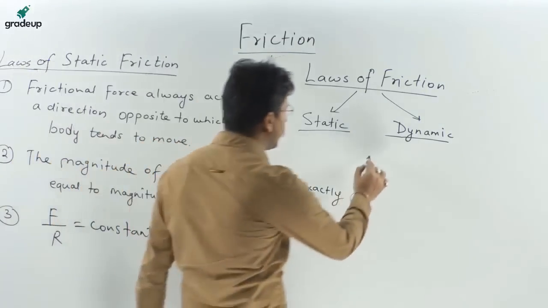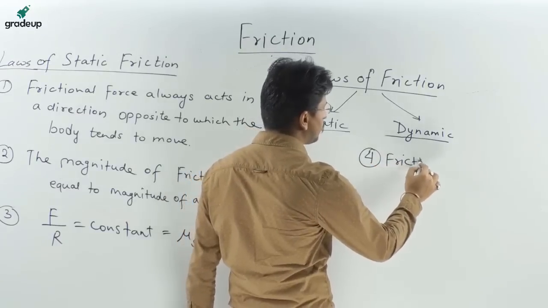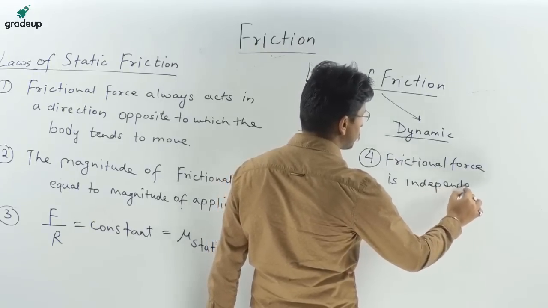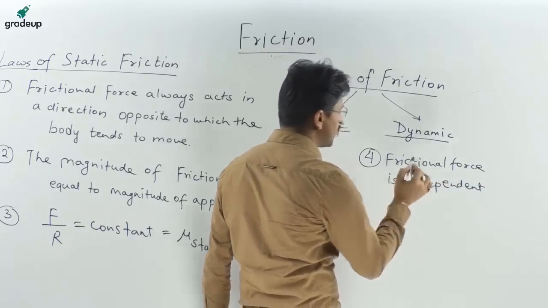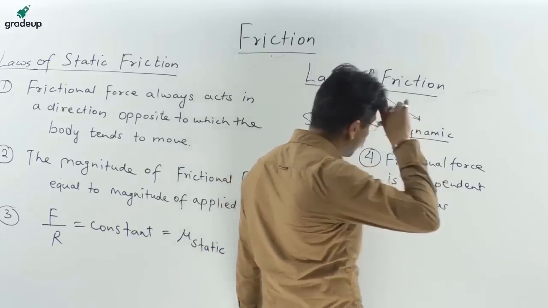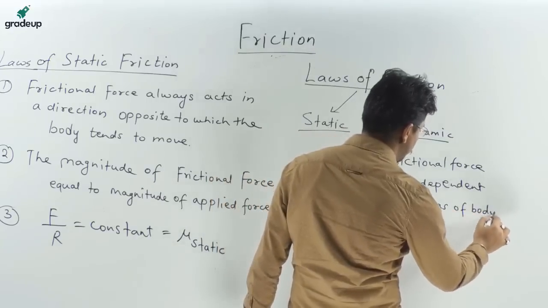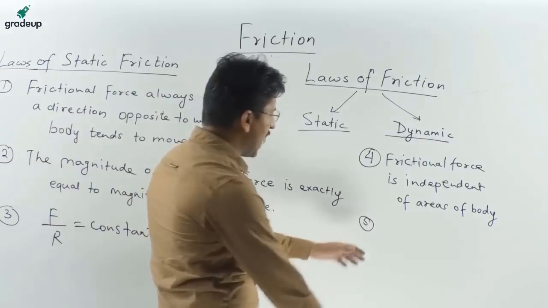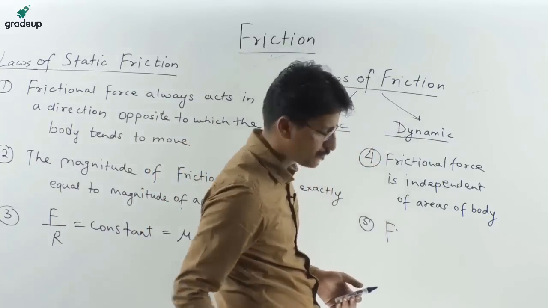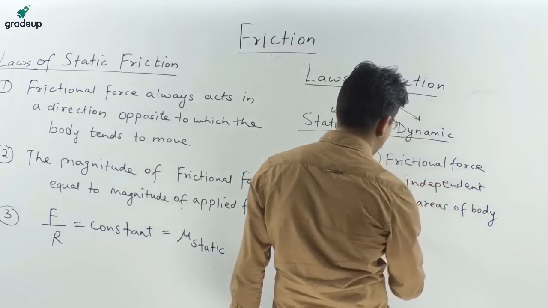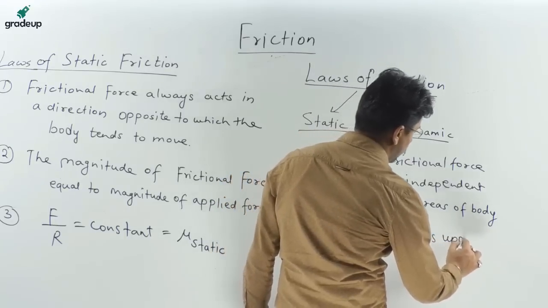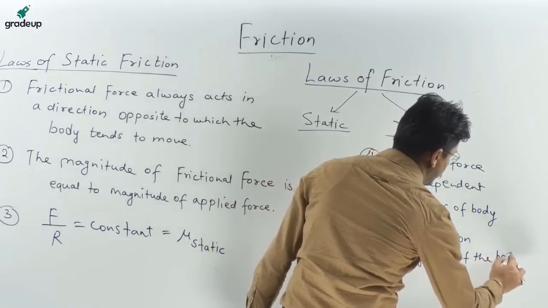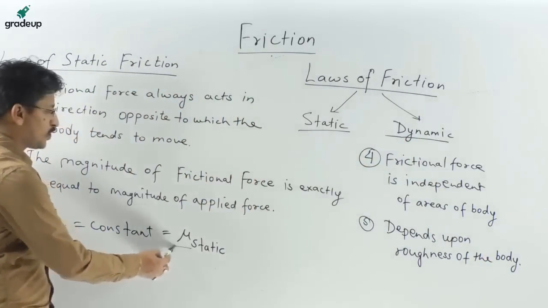Fourth point, frictional force is independent of the areas of the body. Frictional force is independent of the areas of the body, and it depends upon the roughness of the body. Roughness of the body means this coefficient of friction.